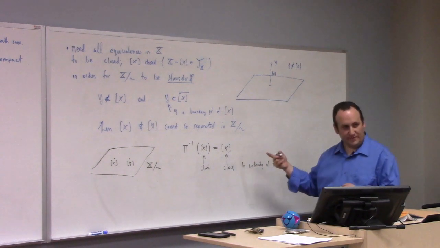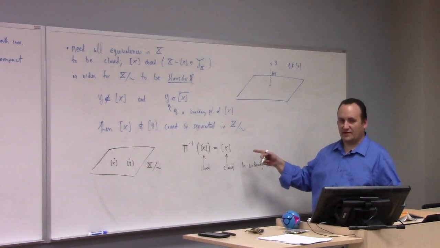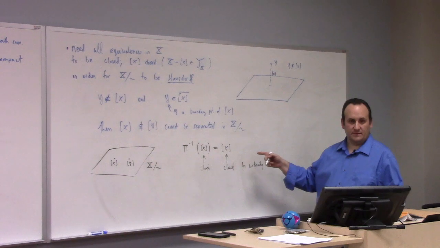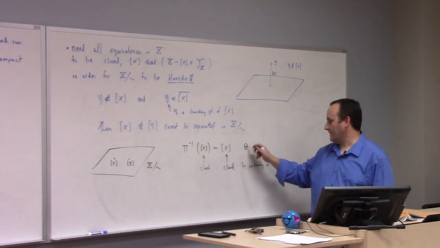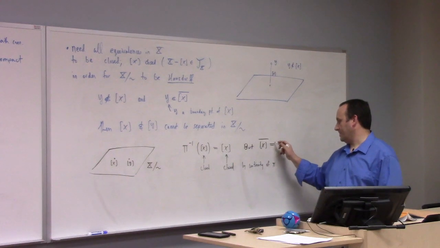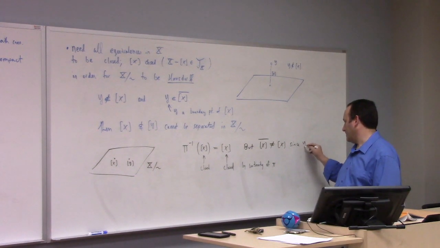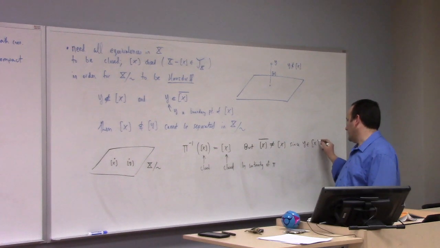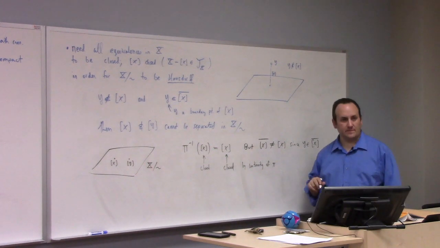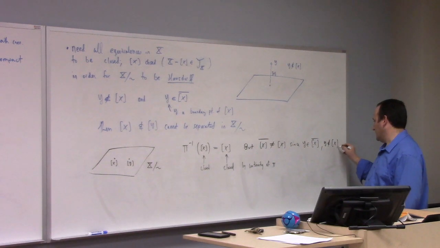But by assumption, the equivalence class of X is what? y is an element of the closure of X, but y is not an element of X.